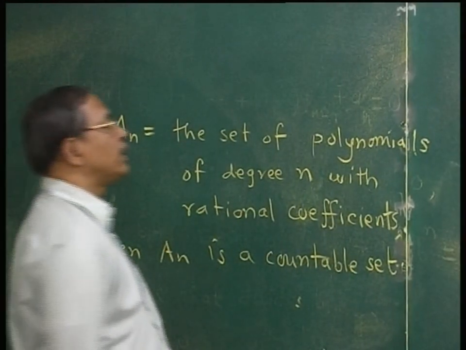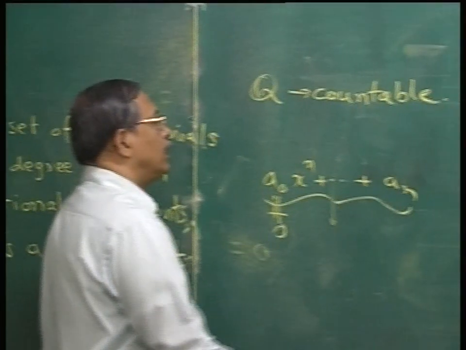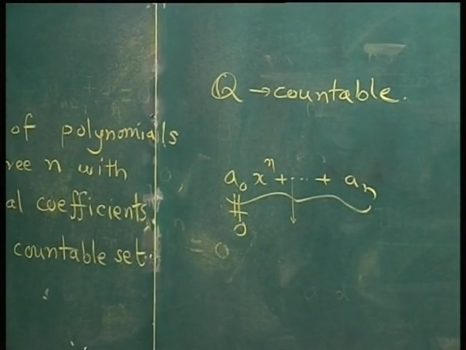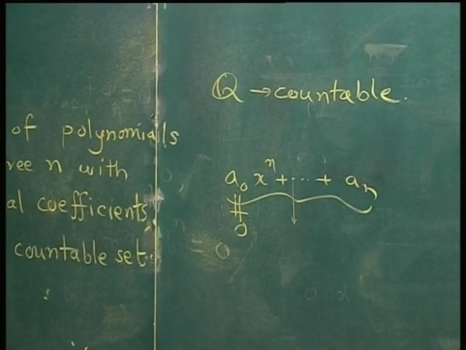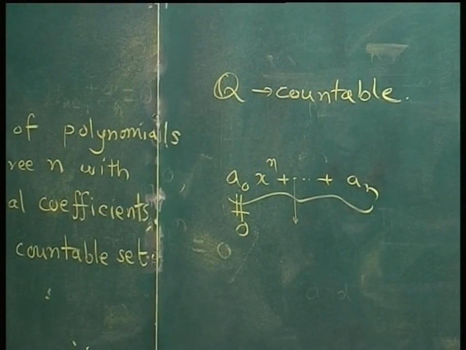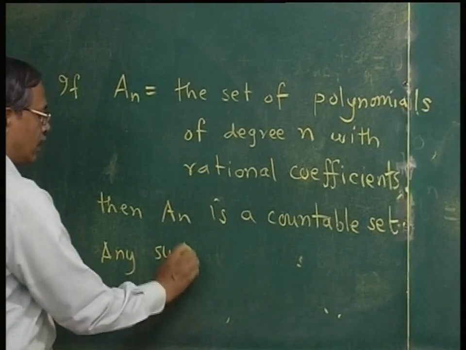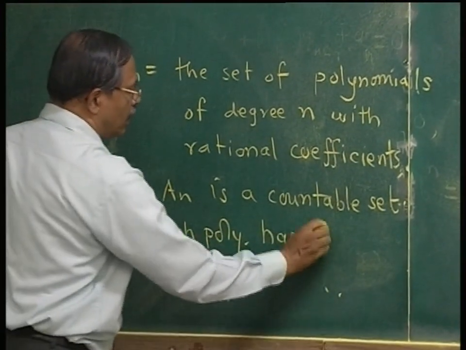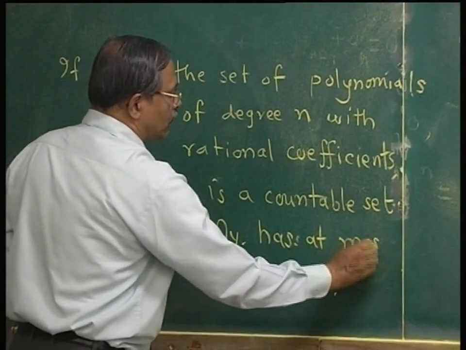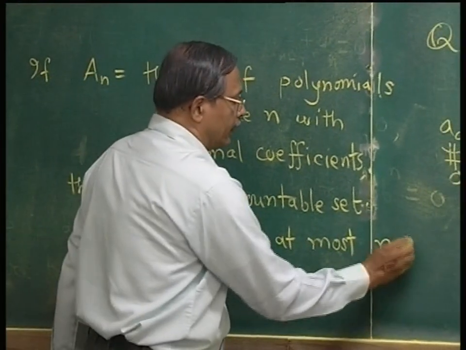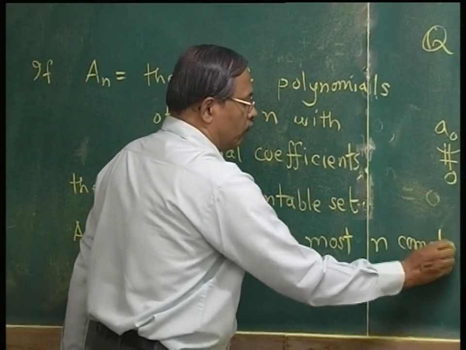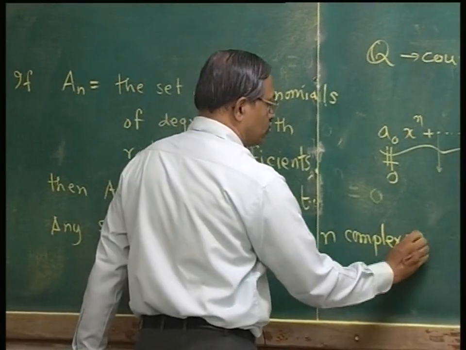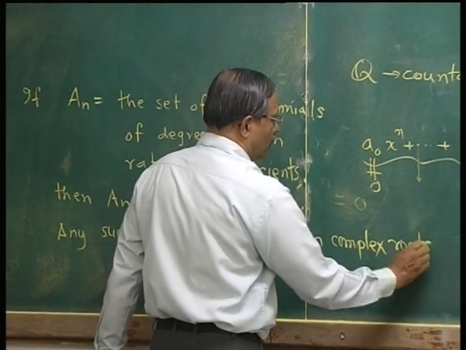Now, if you take any such polynomial, it has at most n complex roots or zeros.